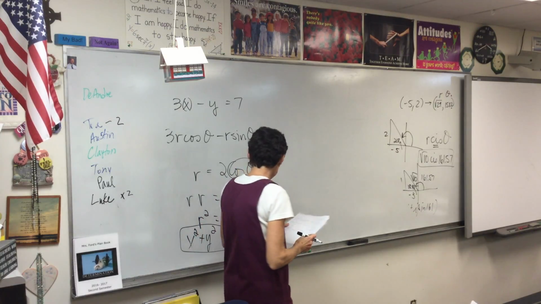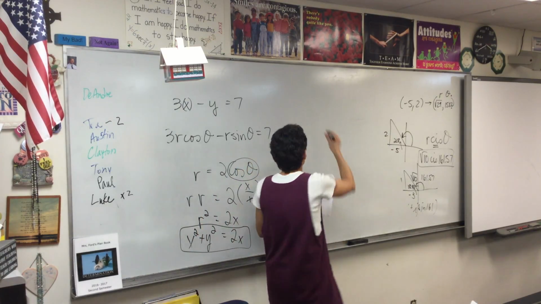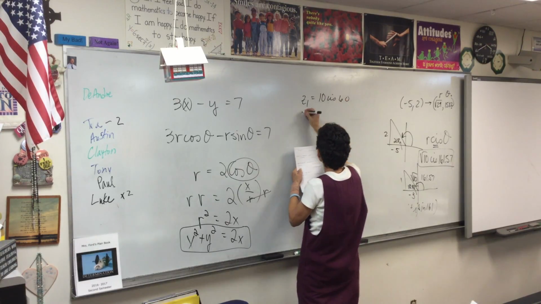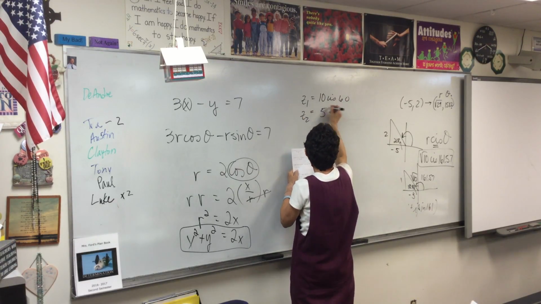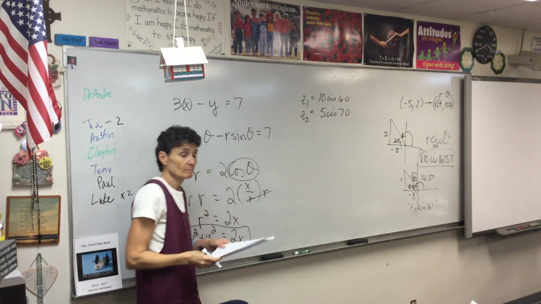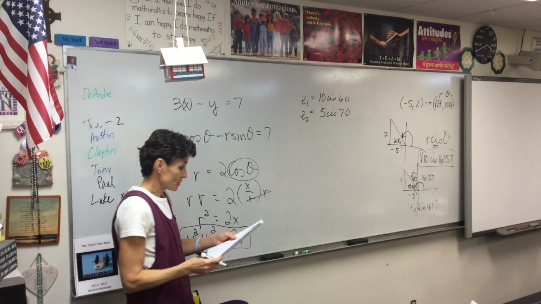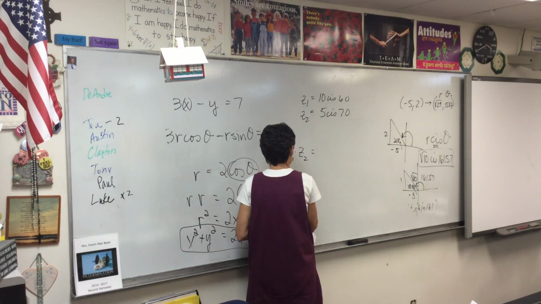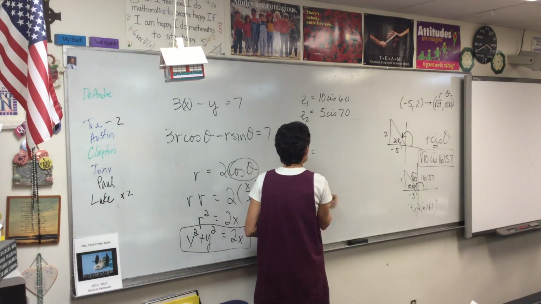Now, number 7. All right, so our two numbers are 10 cis 60 and 5 cis 70. And we are going to multiply them and divide them. So who remembers the rules?